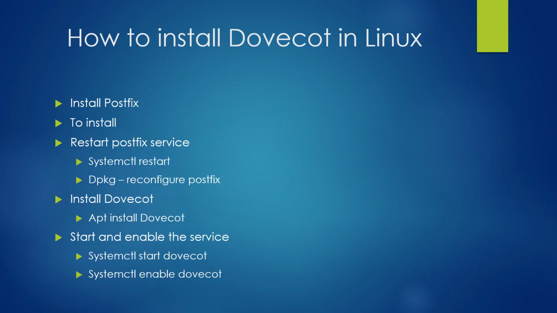Let's take a look at how to install Dovecot in Linux. First, you want to start with installing Postfix, which is free and open source software for mail servers, a software program for routing and sending email.